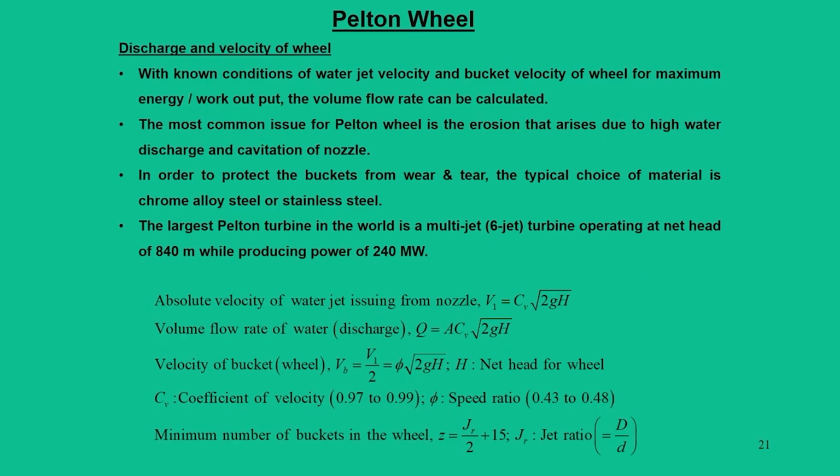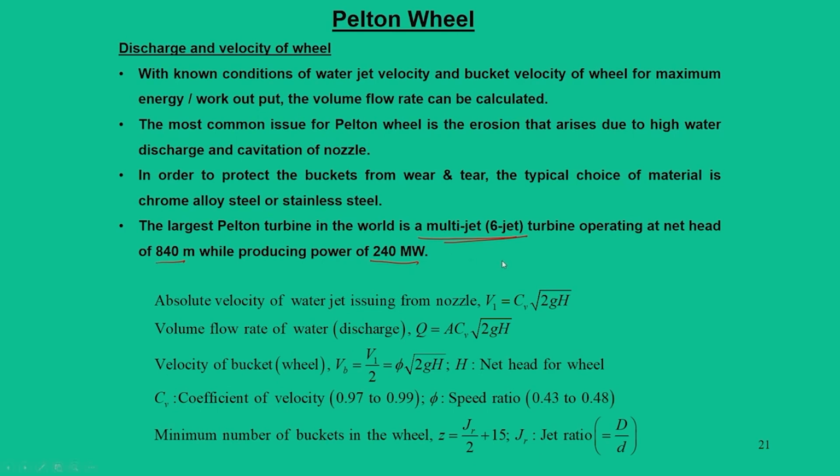Then, the last segment: once you have velocity and energy, we can also find the discharge. With the known conditions of jet velocity, bucket velocity of the wheel, and maximum energy output, the volume flow rate can be calculated. Large Pelton wheels also always operate with a multi-jet concept, which can be used for very high heads to produce power, maybe up to a maximum range of 240 megawatts.